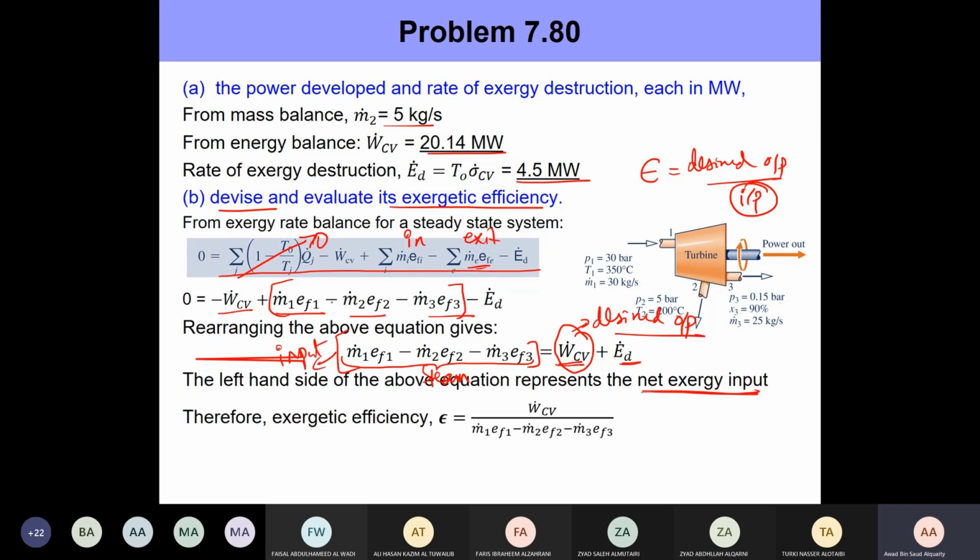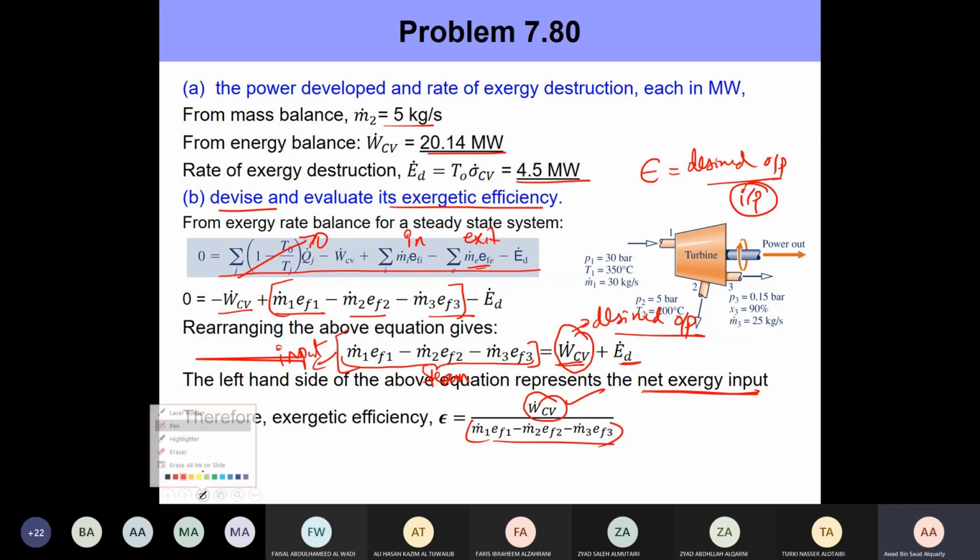So exergetic efficiency, which is simply in terms of desired output by input, can be written in this format where the work output is the numerator, and the denominator is the net exergy input that we are providing. Now here again we have two choices.